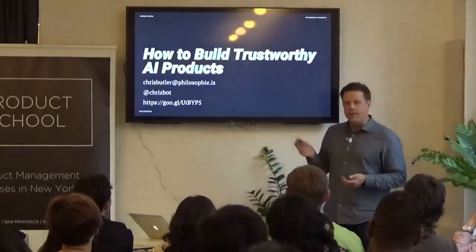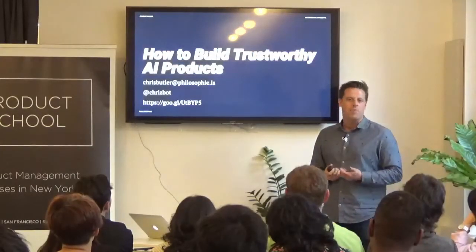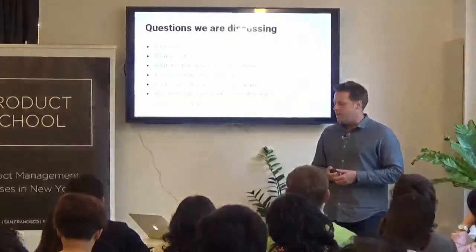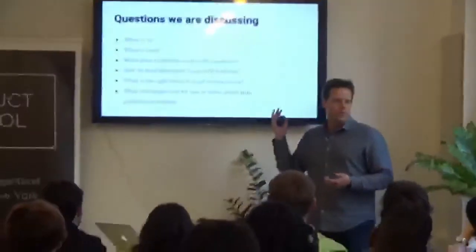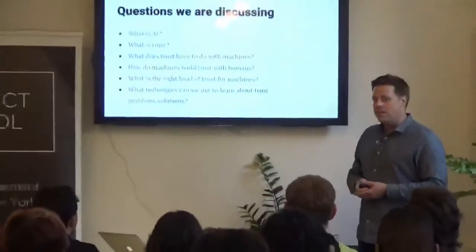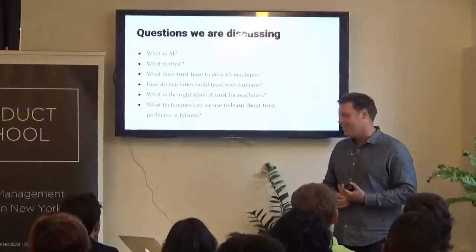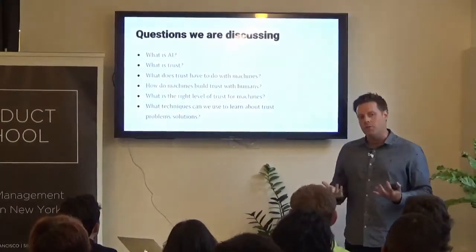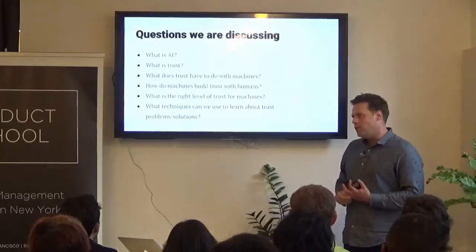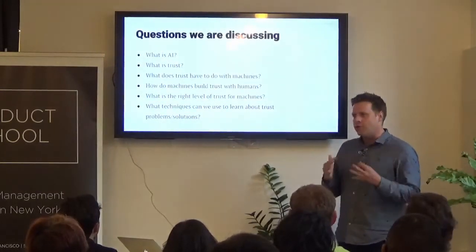And what we're going to talk about today is really how to build trustworthy AI products. There's a bunch of questions that I want to go through while we're talking today. The first one is just, what is AI? I'll give you a quick 5-minute intro to that. What is trust in general? What does trust have to do with machines?